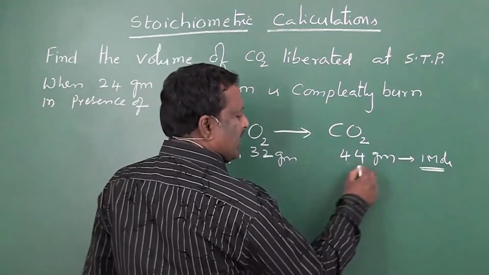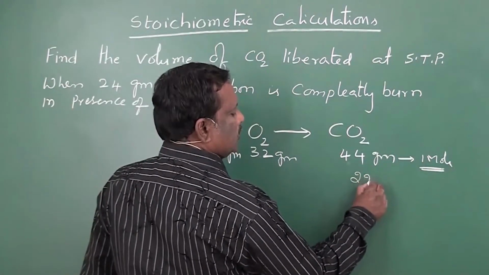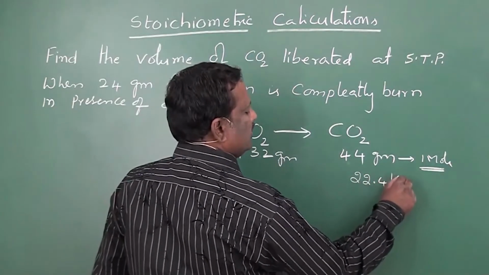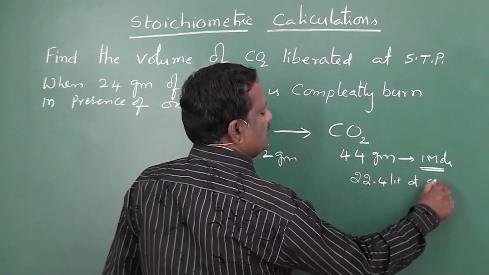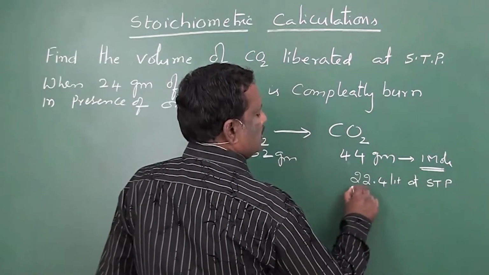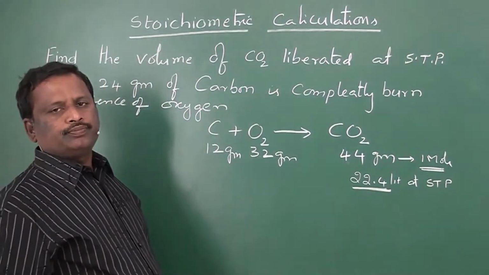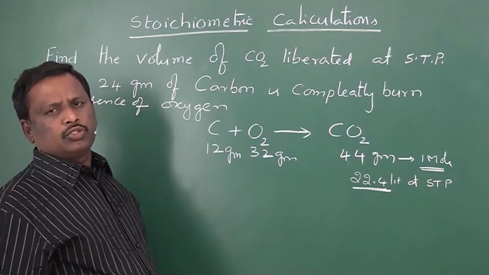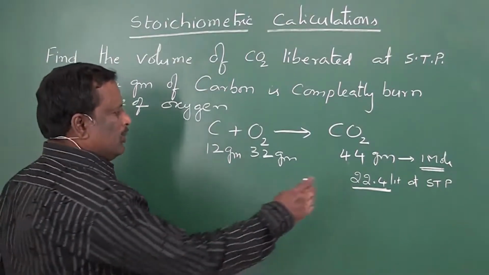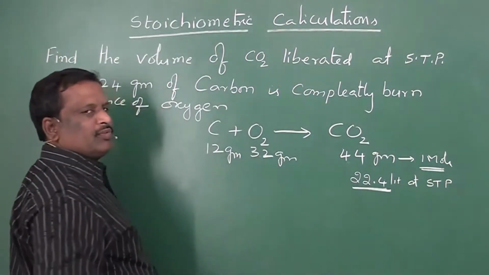So 1 mole of a gas will occupy 22.4 liters at STP. That is the volume of CO2. Now this volume of CO2 is liberated from 12 grams of carbon.